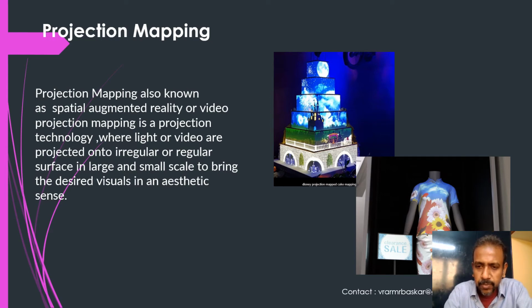To quote an example, you can project videos on a plain cake, and with that you can showcase aesthetic visuals. That is basically projection mapping.